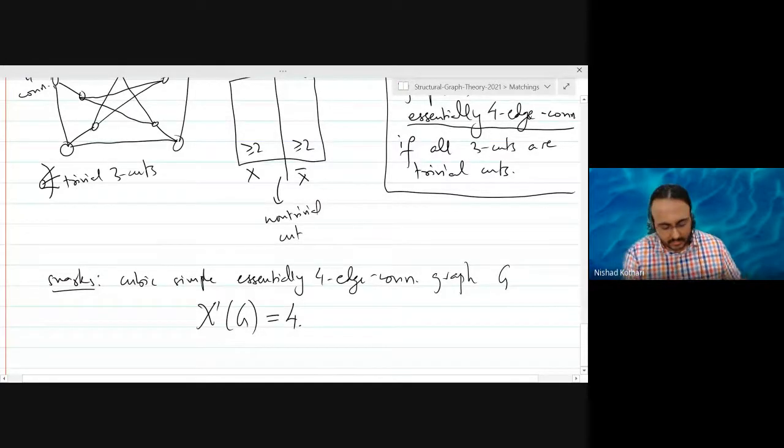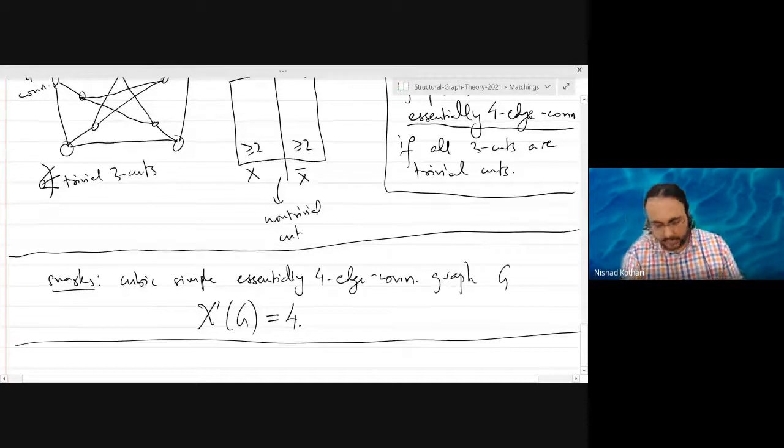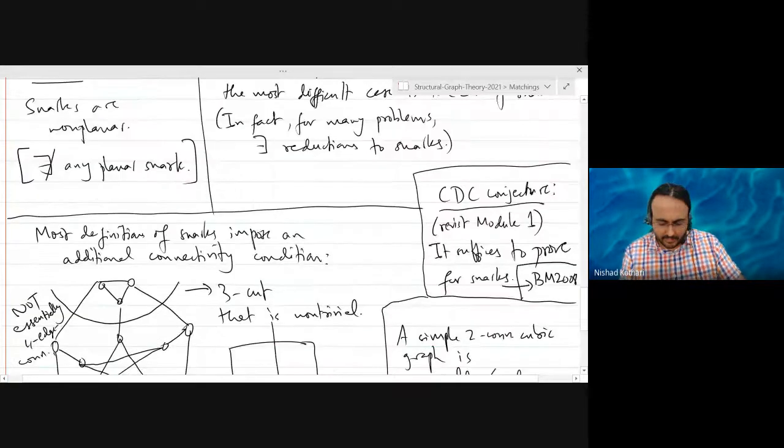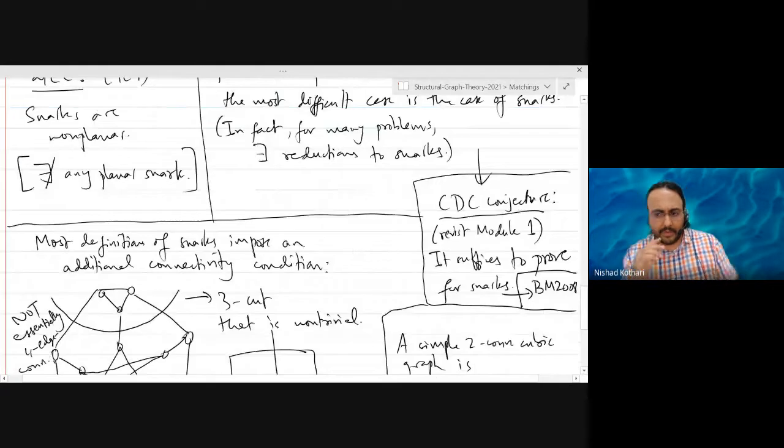Okay, so this is the modern day definition of snarks, because eventually people realized that if you have these 3 cuts, then you can reduce the problem to these smaller graphs, which will be essentially 4-edge connected. Okay, so everything I said before is actually true for this modern definition of snarks, where you add the condition that they are essentially 4-edge connected.